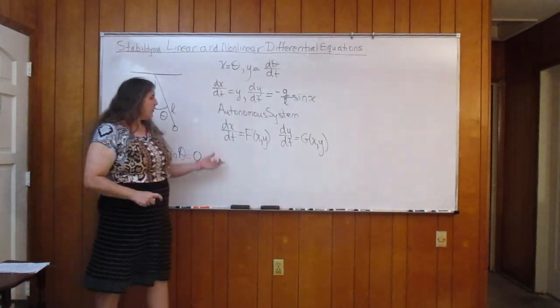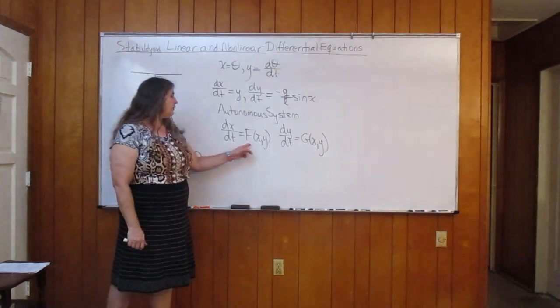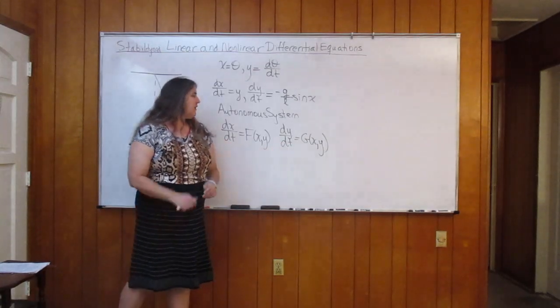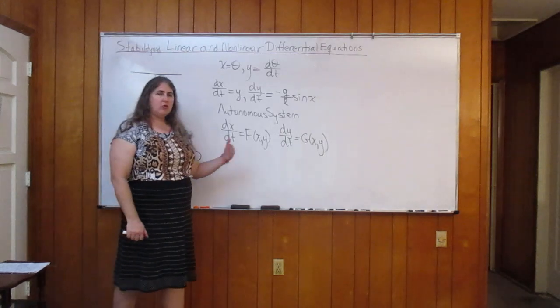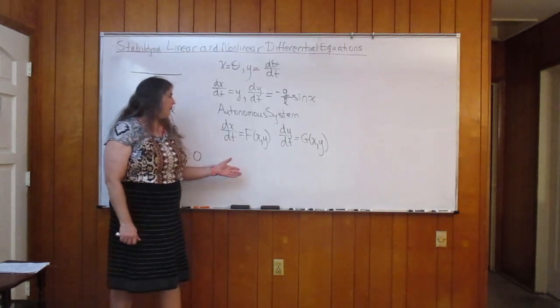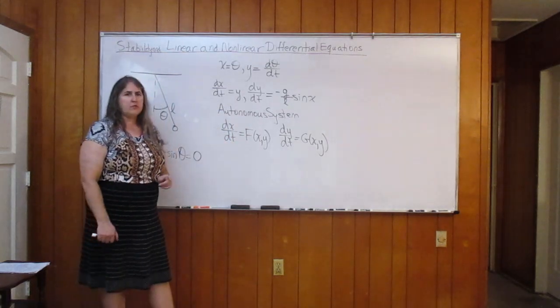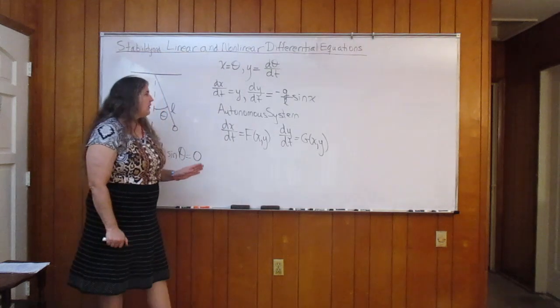The system is composed of two first-order differential equations. dx by dt is equal to some function of x and y, and dy by dt is equal to some function of x and y. In order that there be a unique solution, the functions f and g must be continuous, the partial derivatives must be continuous, and that unique solution is determined by the initial conditions.